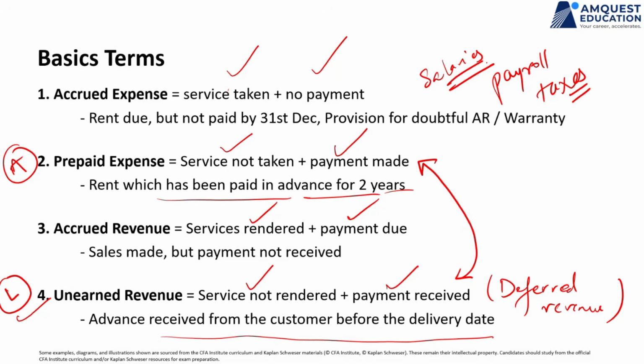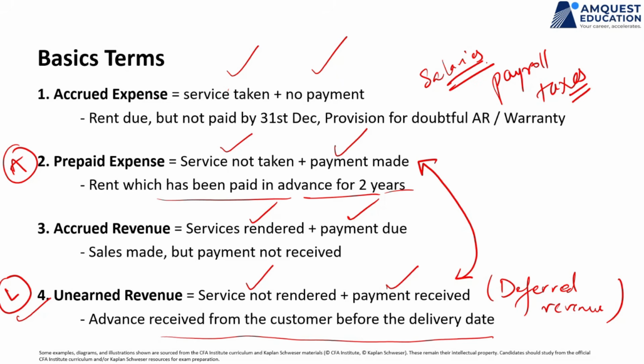For example, if you keep giving me services, your deferred revenue will start reducing, your liability will start reducing, and that will become what is called your revenue now. So it gets amortized over a period of time. From our perspective, these are the additional terms which we should be aware of.